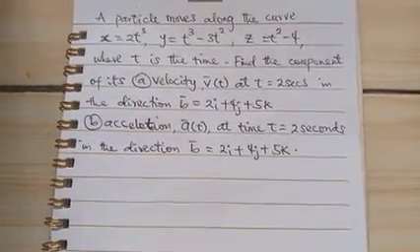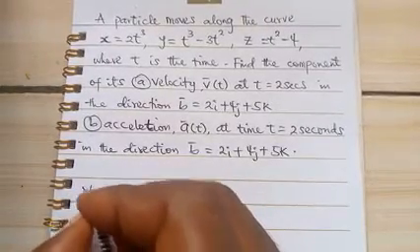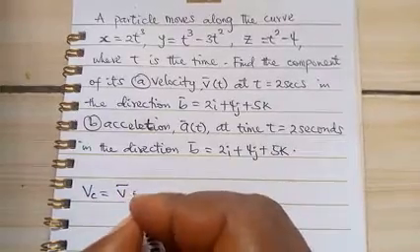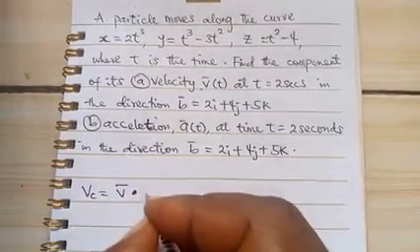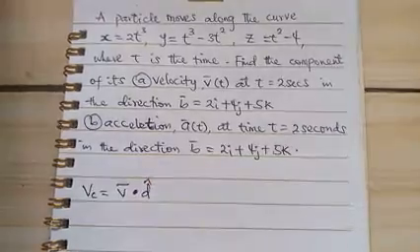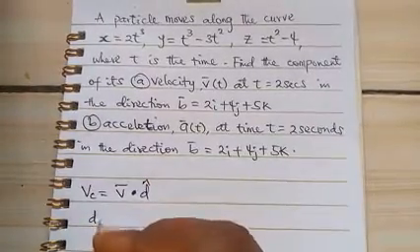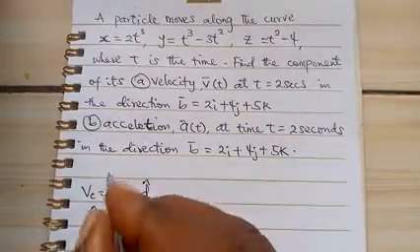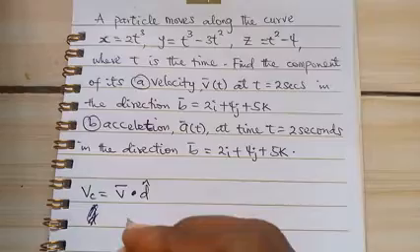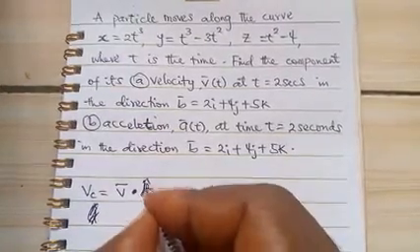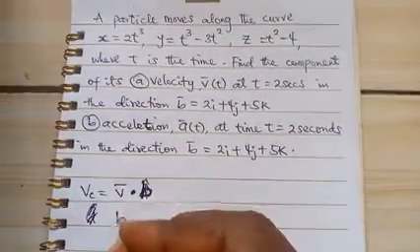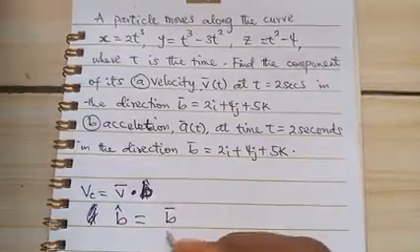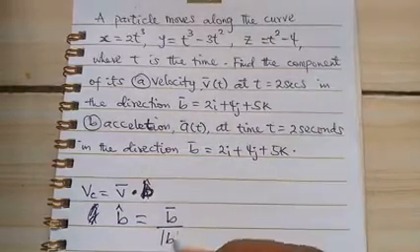Now, let's just go. We know that component velocity is equal to velocity dotted with the unit vector. In this case, they gave us the direction b, so the unit vector is the vector b over the magnitude of b.